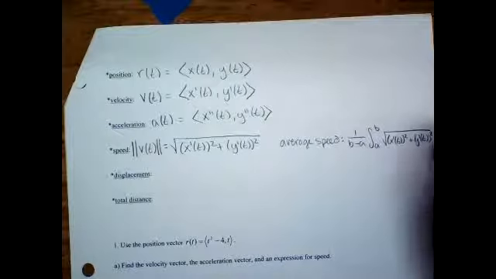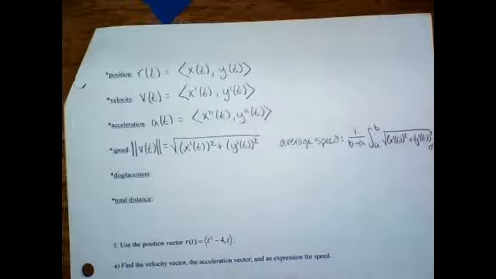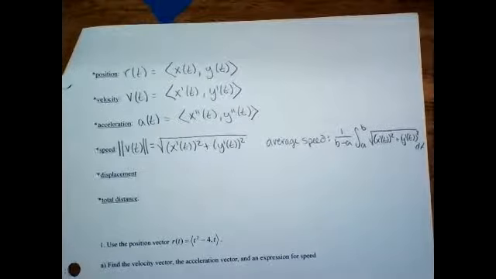There should be a dt at the end. I couldn't make it fit. So average speed is an average value of speed. Speed goes inside of the integral and it's 1 over b minus a. You're dividing by the length of the interval.